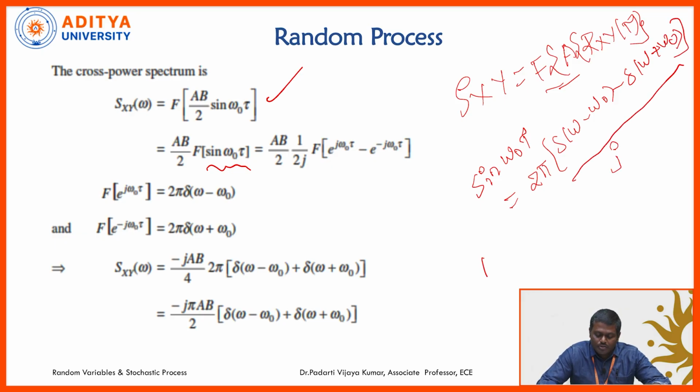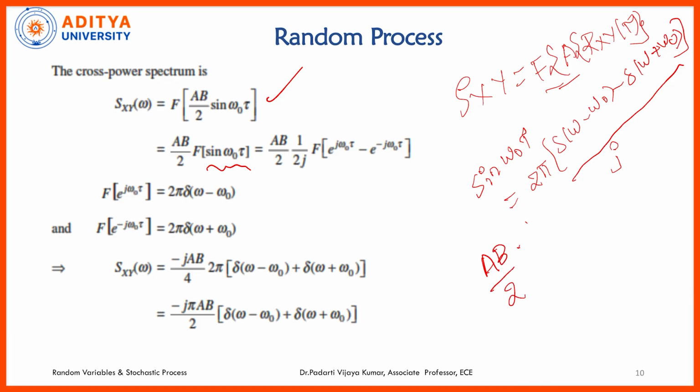Simply substituting that, AB by 2 into 1 by 2j, 2 pi by j, here the 2 cancels out. This can be written as delta of omega minus omega naught minus delta of omega plus omega naught by j.